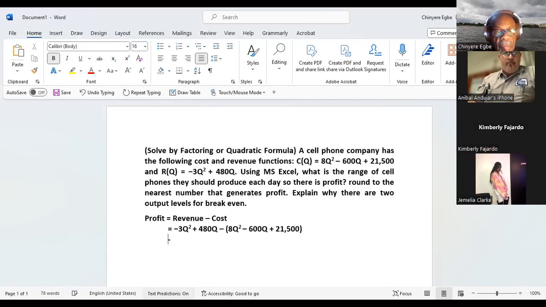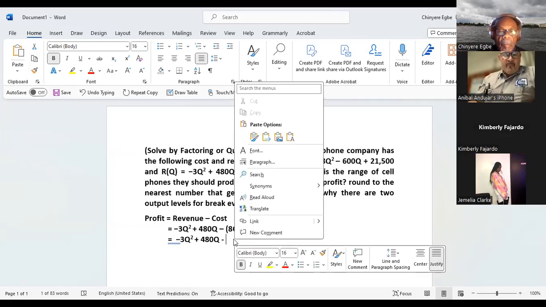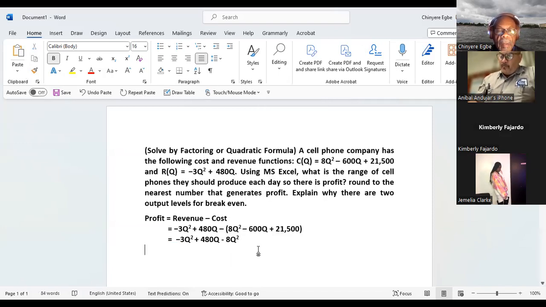This will be equal to, we take this revenue minus HQ squared.